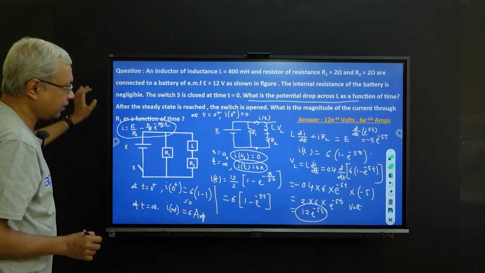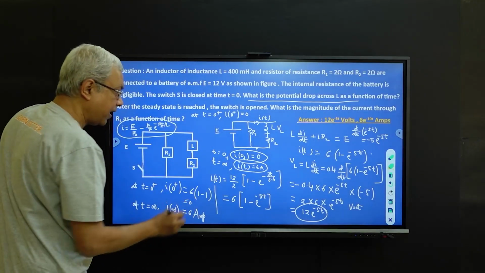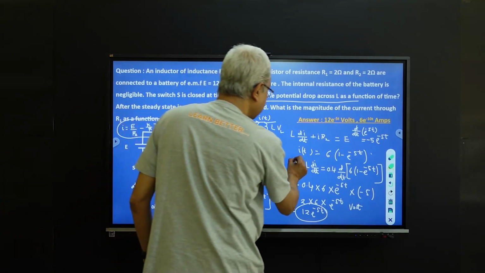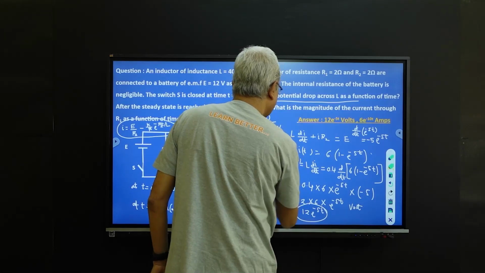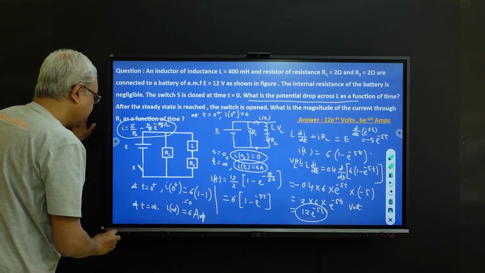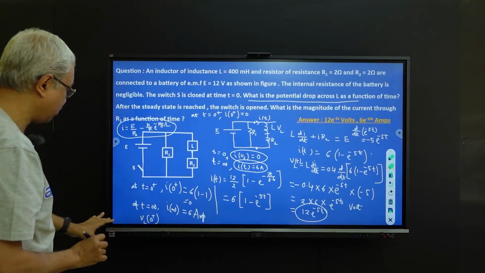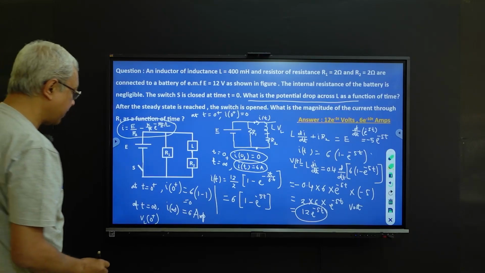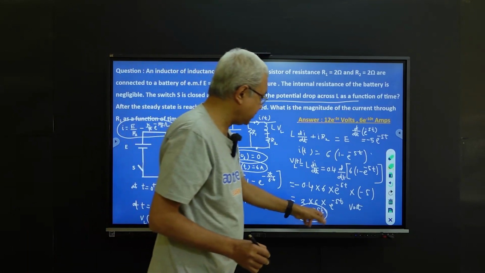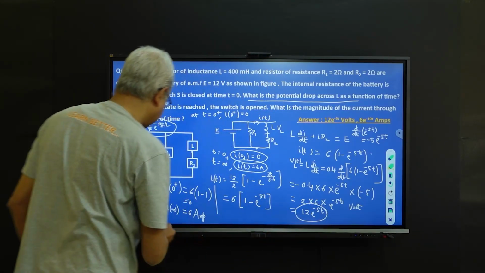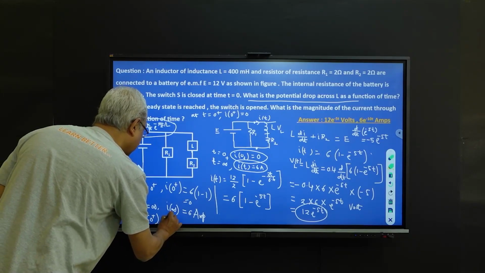And you see, VL is also a function of time. So what is VL(0+)? That means just after switch on, what is the value of VL? This quantity is 1, that means it is totally 12 volt.